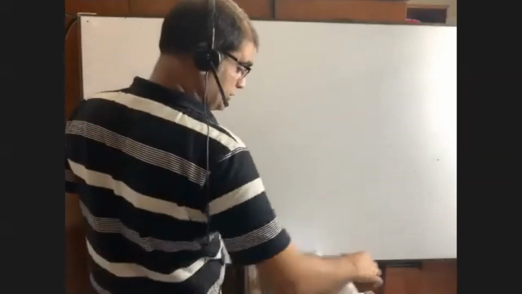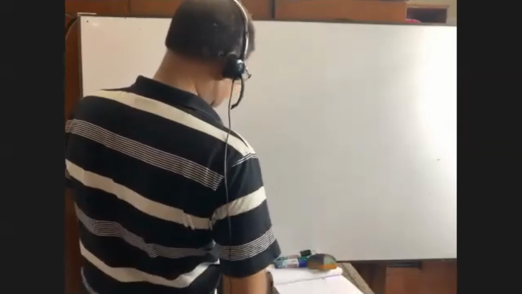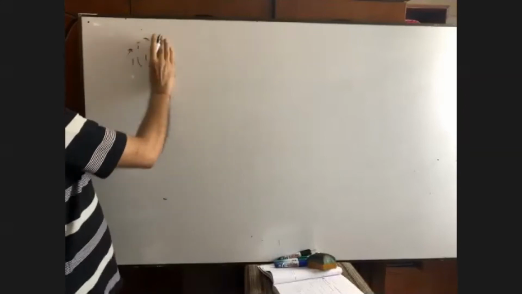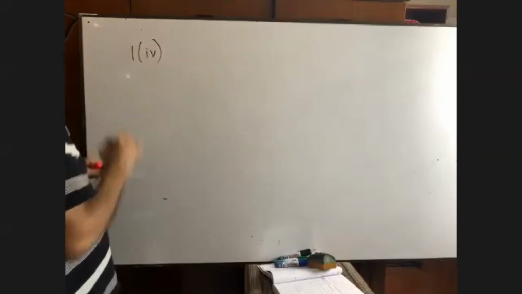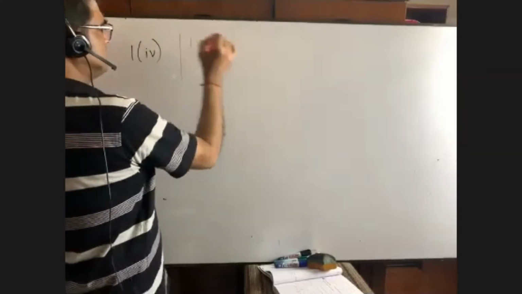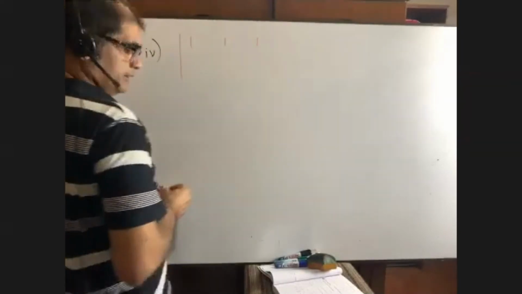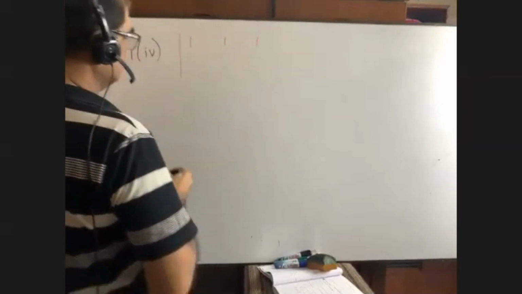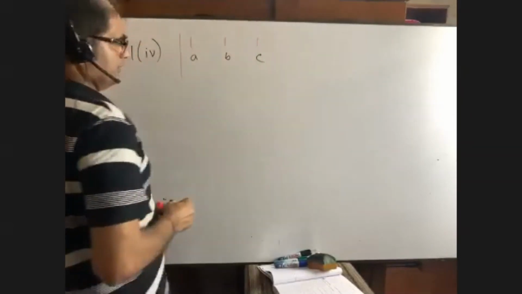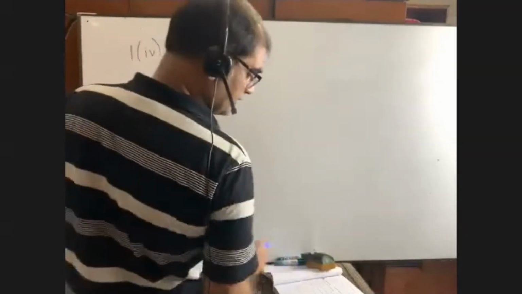Again, I am going to do question number 4 of 1. You see what is given here. 4 of 1. That is 1, 1, 1, A, B, C, A, B, C, and here it is given a square minus BC.